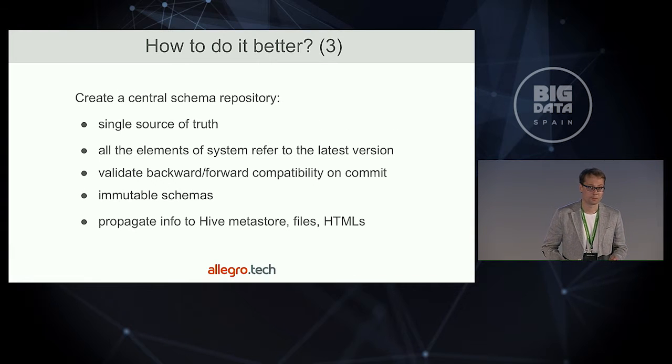But using Avro itself doesn't completely solve the problem I mentioned, the problem of using data by other teams. Suppose you have a schema and you have some clients of it.